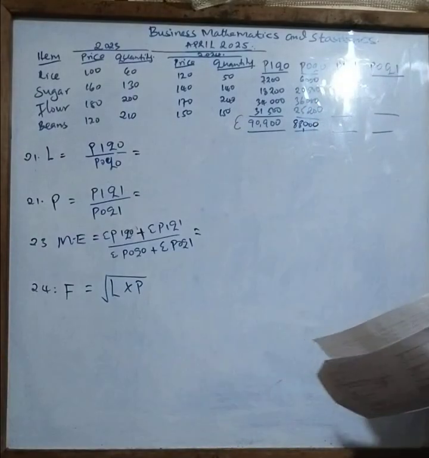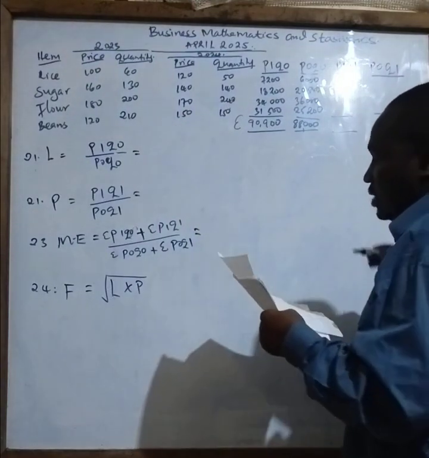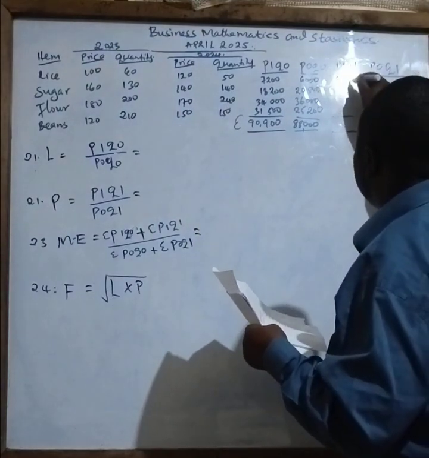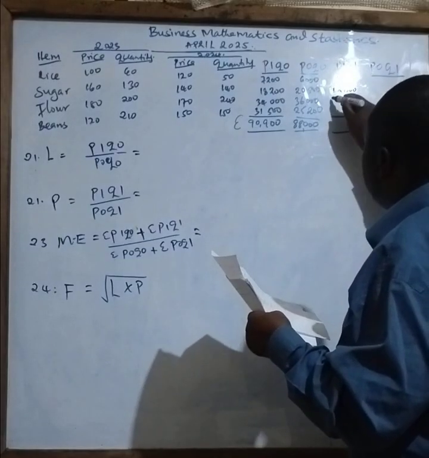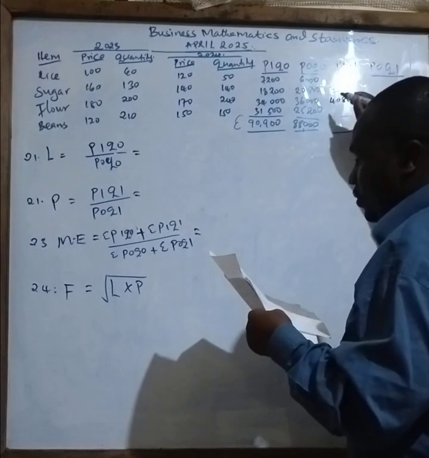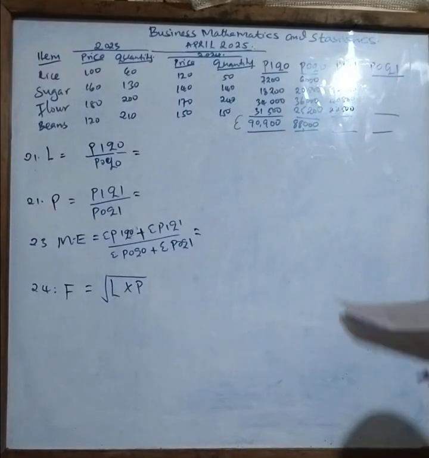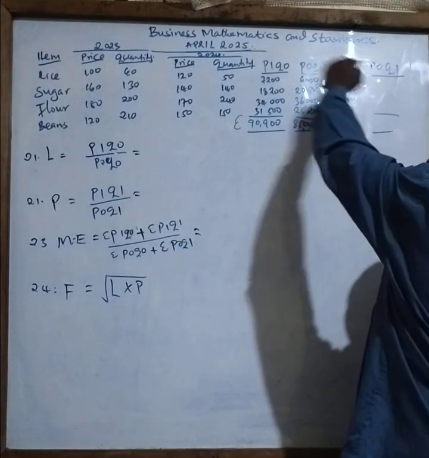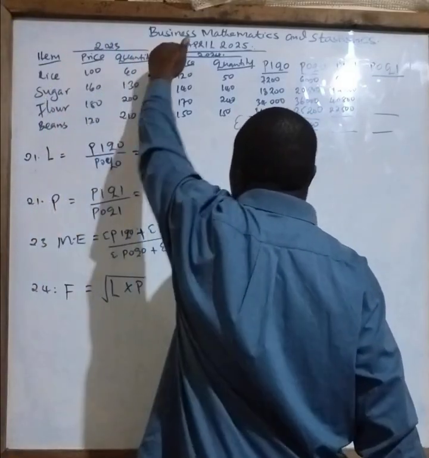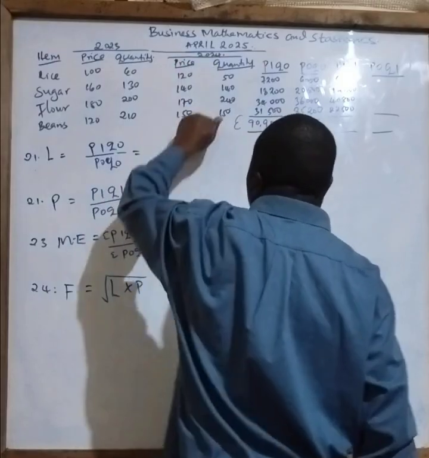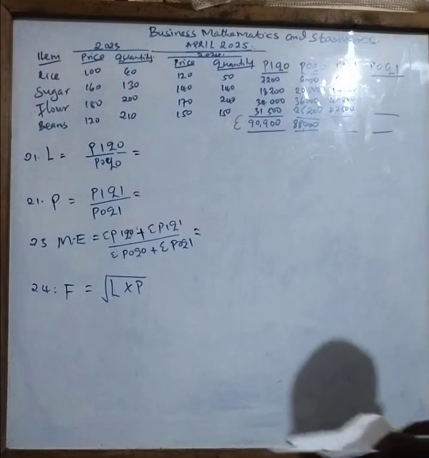When I go to P1Q1, which is now the current year, 2024, the answers I will get there are 6,000, followed by 19,000, followed by 40,800, followed by 22,500. For the P0Q1, that is now the column for the price for the base year times the quantity of the current year, which is 50, 140, 240, and 150.